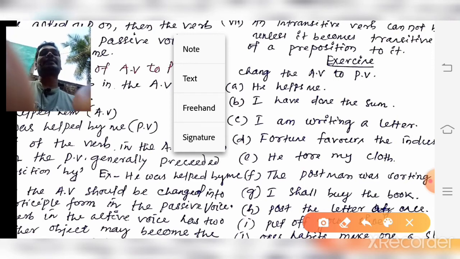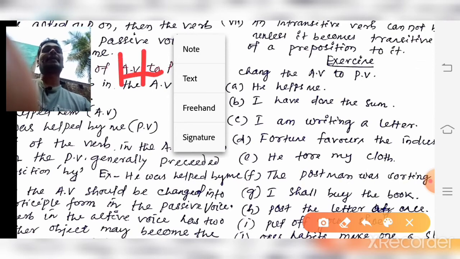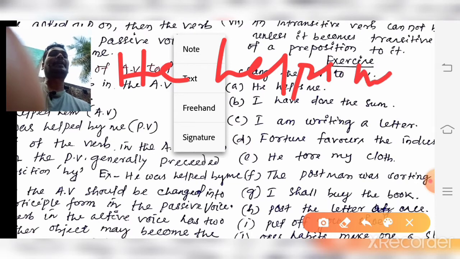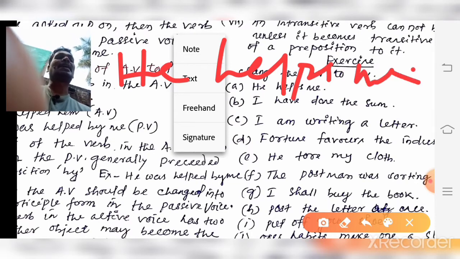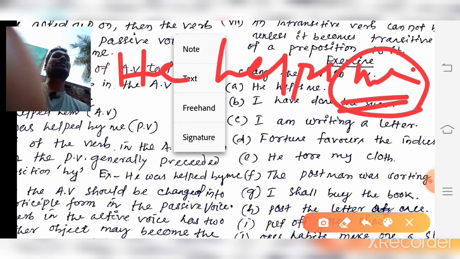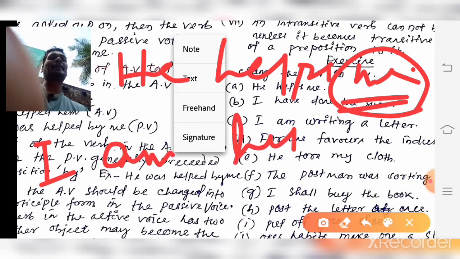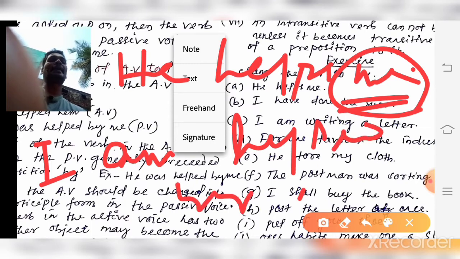He helps me. What will be the PV form? Me will be the subject. That means I. I am helped by him.